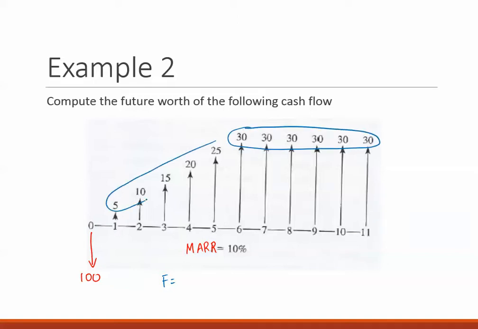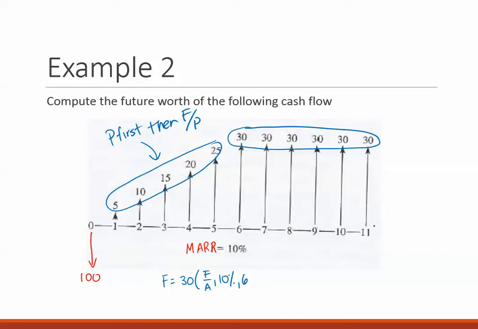Actually, I just changed my mind. I need to find P first, and then F given P, just because I don't have F given G. So F is going to be equal to, first of all, 30, F given A, 10% for 6 periods, right? 1, 2, 3, 4, 5, 6.